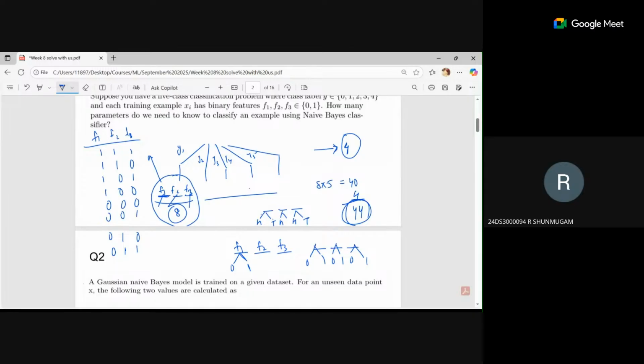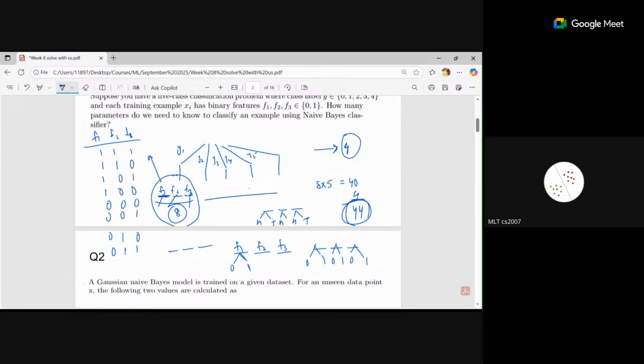So there are three classes, so each feature can take one value. So 3 into 1: the number of classes into the possible value for the feature. So it would come to 3 only, right, ma'am?